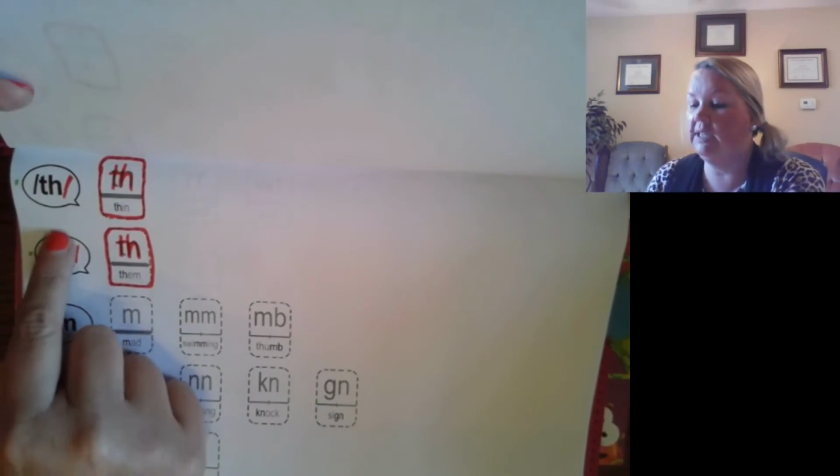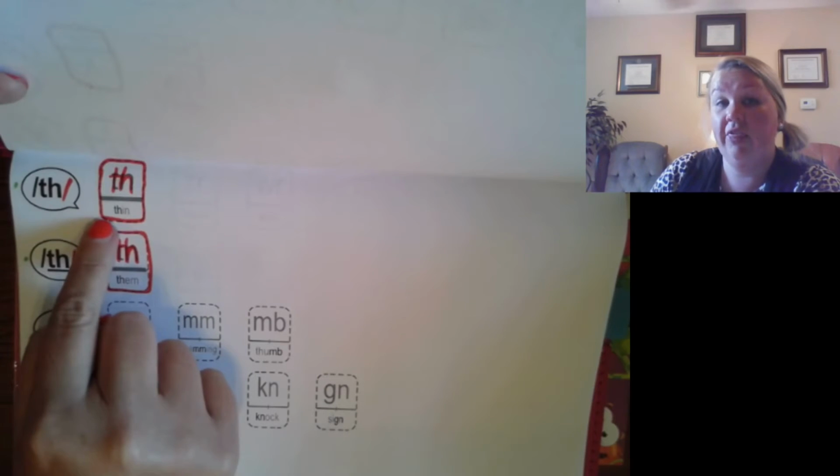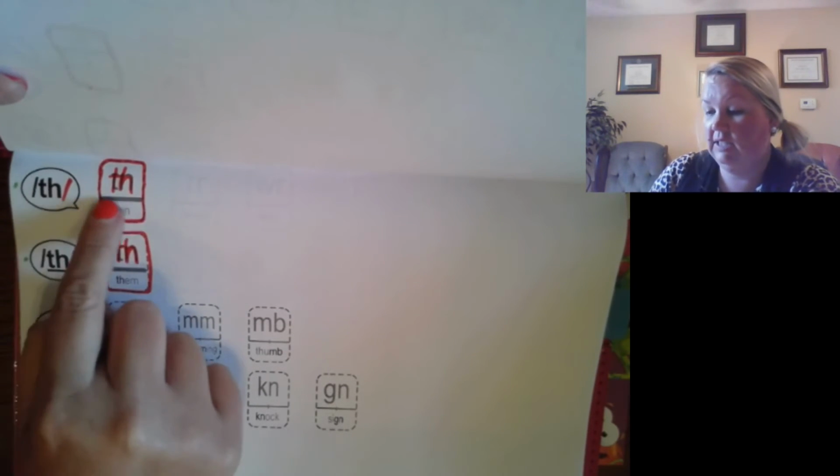F, fit. V, vet. Let's say that one again. I didn't say it very clearly. V, vet. Like where you take your dog or cat when they're sick. All right. These are ones that were a bit tricky today, and we just added them. TH, thin.